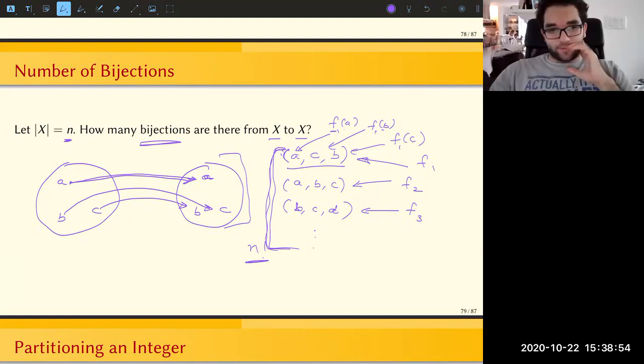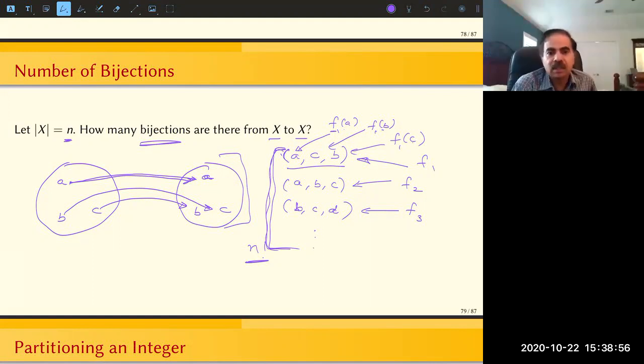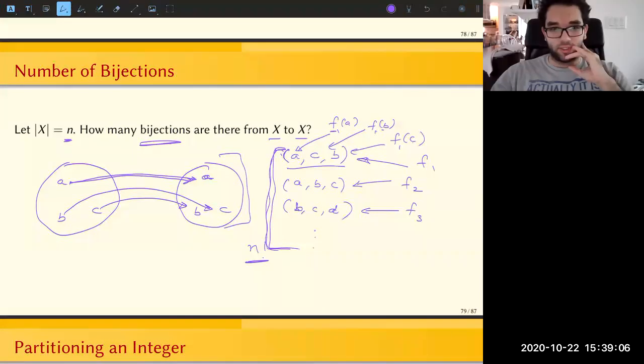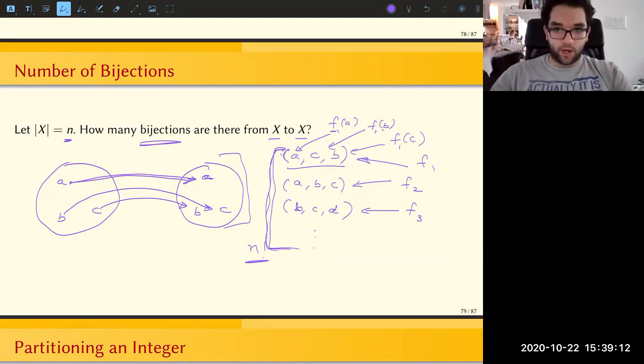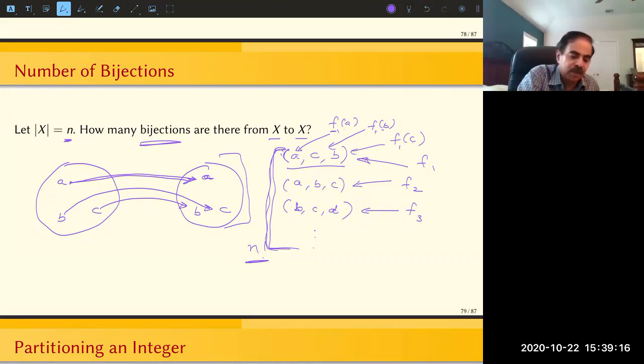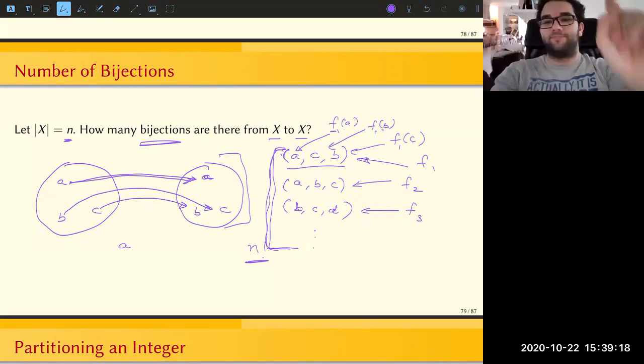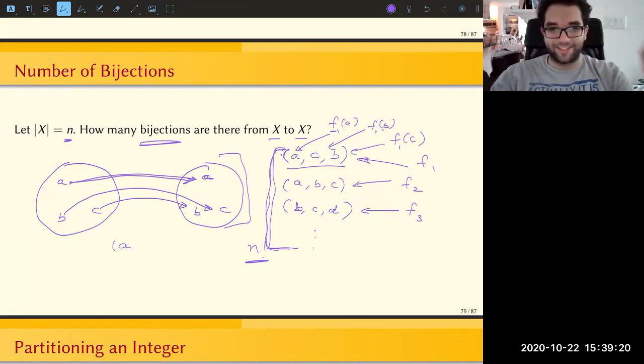You're getting n squared using some process, and I haven't understood the process by which you are generating possible functions. Because if I understood, I could tell you what it is that you missed. Can you list your approach? Yeah, I was thinking you can map A onto A, or A onto B, or A onto C. Let's just write it down like this. I see what I did wrong. Never mind. I see where I went wrong now.